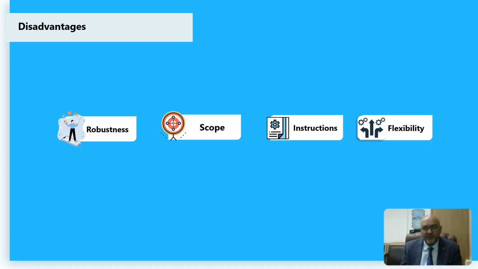It is hard to define the scope of the prototype which is to be designed, and it is hard to communicate the instructions among all the stakeholders, and it is lacking in flexibility. For example, if anything has been designed, we cannot change it. We can go for redesigning that kind of artifacts. So such disadvantages are associated with prototypes.